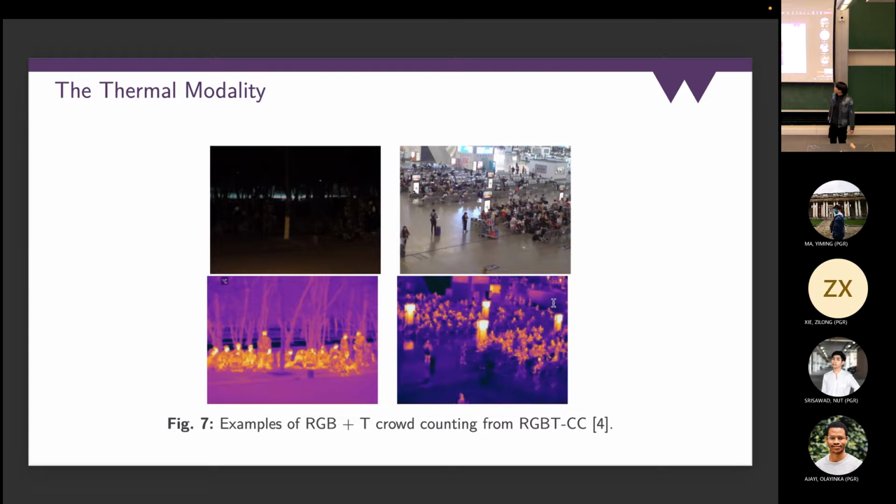But there are some problems regarding the thermal modality. Some other devices can also generate heat, especially when objects have approximately the same shape as humans, for example, pillars. Models may be confused between the actual objects and the crowd. So that means we cannot only rely on the thermal modality; we also need to include the RGB modality to avoid these false positives.